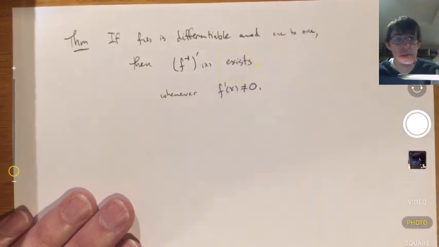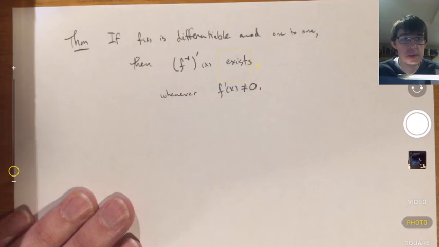All right? There is a problem if f prime of x equals 0. It makes the derivative of the inverse not exist. But if f prime of x is not 0, then the derivative of the inverse exists.